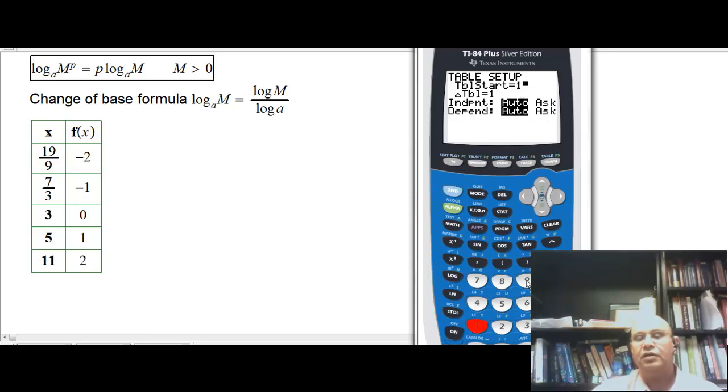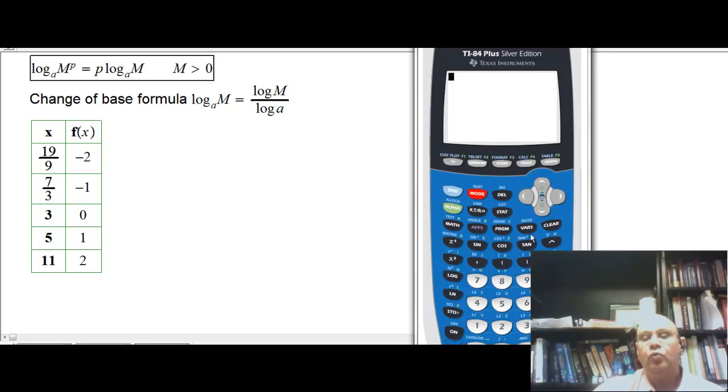Didn't they say it was alpha window? Oh, we'll go to that window in a moment. So this is going in fractions, right? Okay. Let's do it this way. I think there is another way to do that, but that's all right. Let's just do it this way.